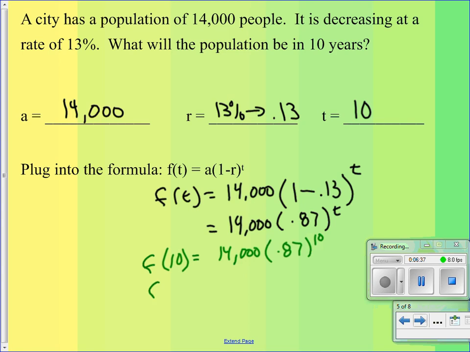After 10 years, when the population is decreasing at 13%, there will be 3,477.928 people. I can't have a fraction of a person, so I'm going to round up: 3,478 people.